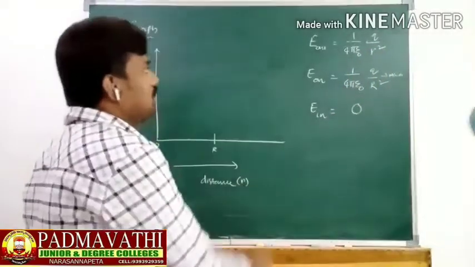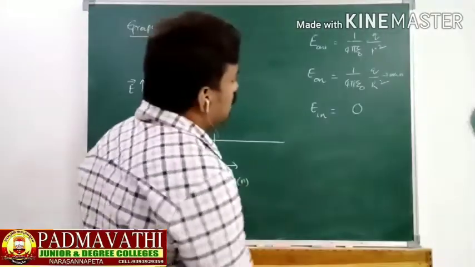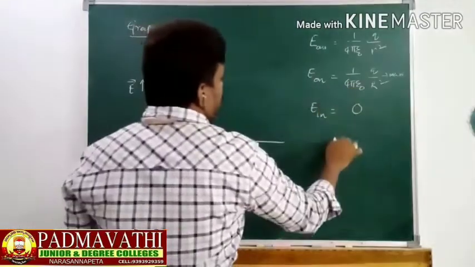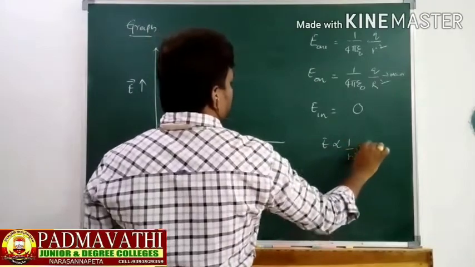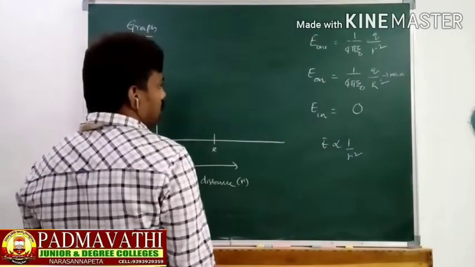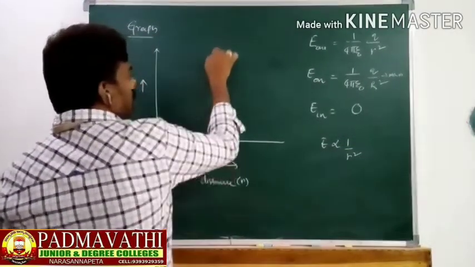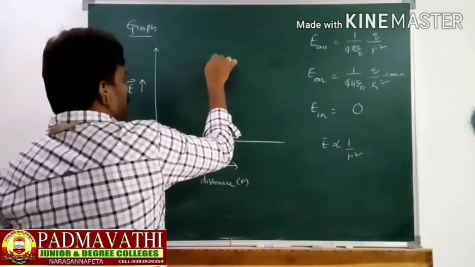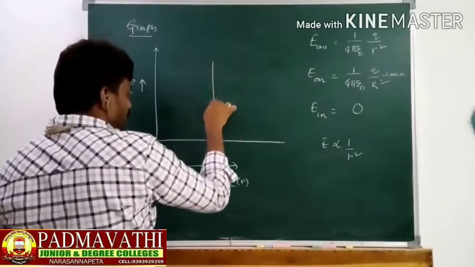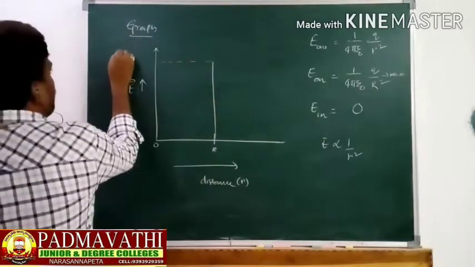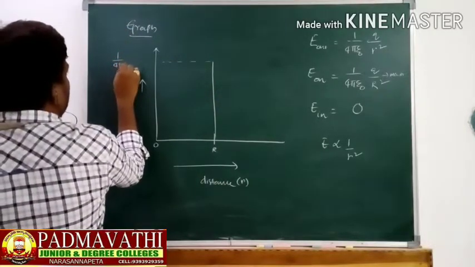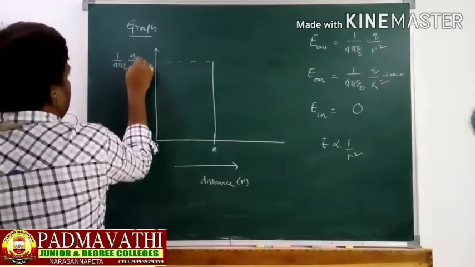As the denominator increases, the E value also decreases here. E is directly proportional to 1 by R square. So we are going to have the maximum value at R. This is the maximum value at R, which is 1 by 4 pi epsilon naught Q by capital R square.